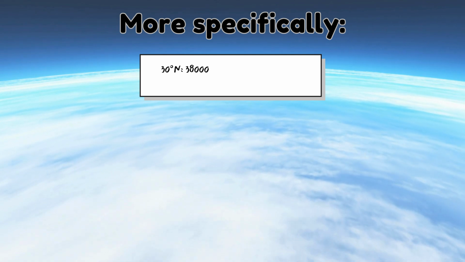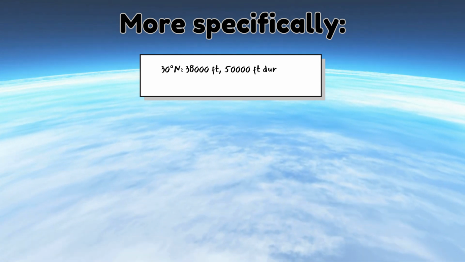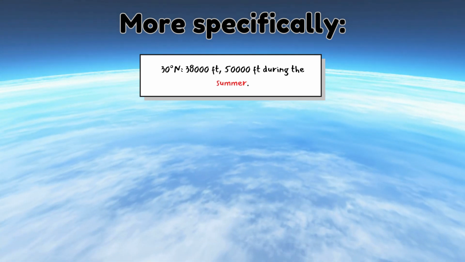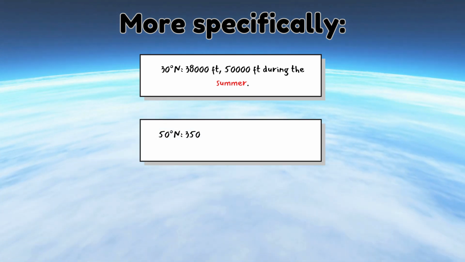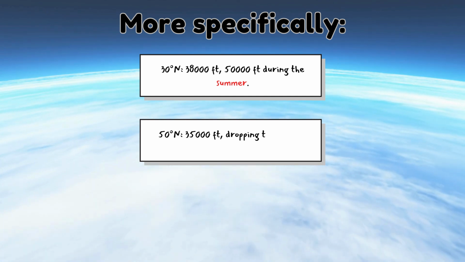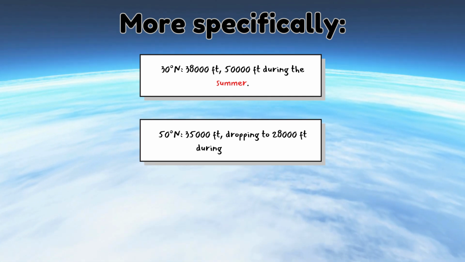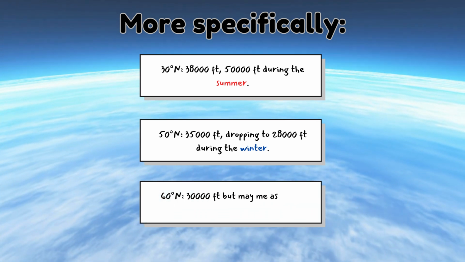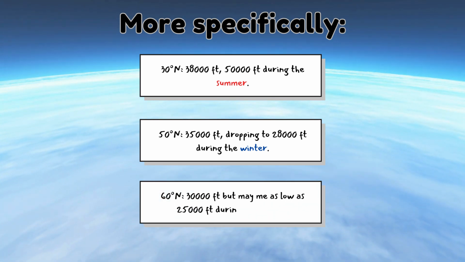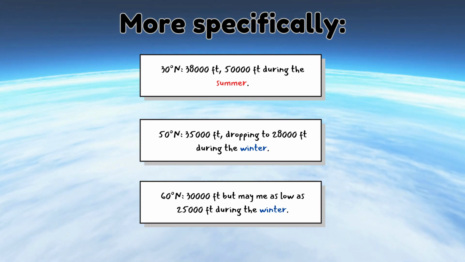At 30 degrees north, the tropopause is generally around 38,000 feet, but can reach 50,000 feet during the summer. At 50 degrees north, it's typically around 35,000 feet, dropping to 28,000 feet in the winter. At 60 degrees north, it's around 30,000 feet, but can fall as low as 25,000 feet in winter.